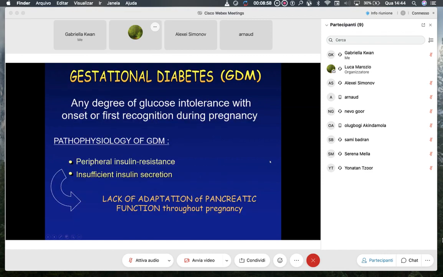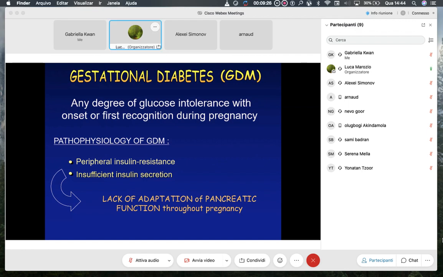During gestational diabetes, unless it is an unrecognized type 2 diabetes, if it's a true gestational diabetes, due to this mechanism, not pre-existing pregnancy, usually the fasting glucose blood levels are low.